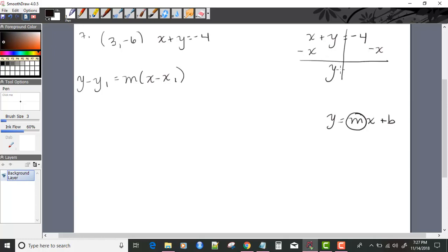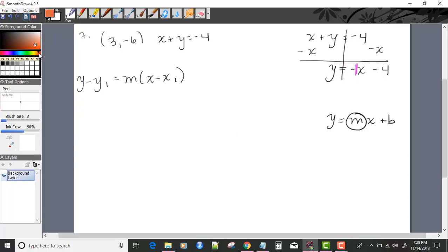That way I'm left with y equals -x minus 4. And remember that this can be written as -1 times x, right? There's an invisible 1 there.